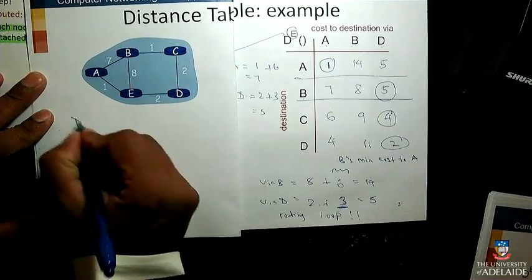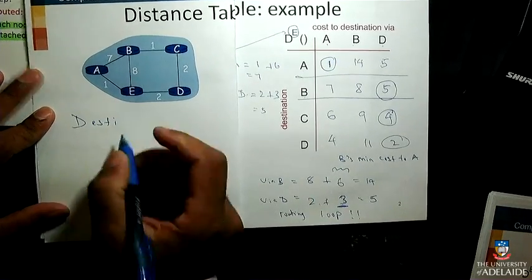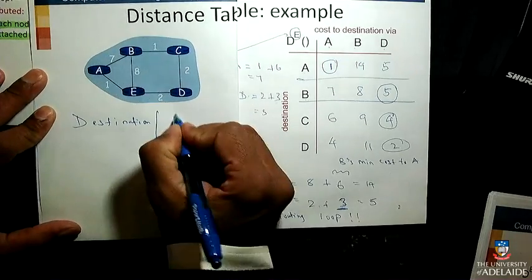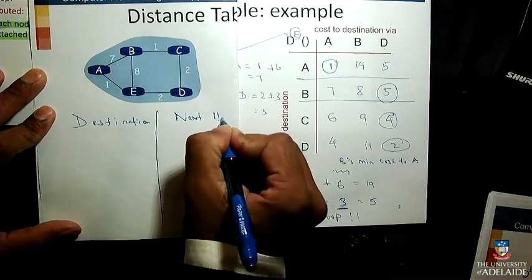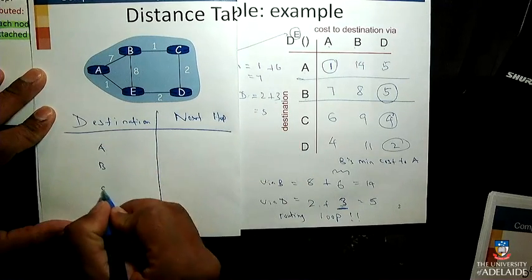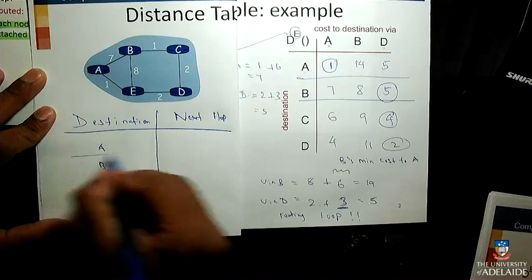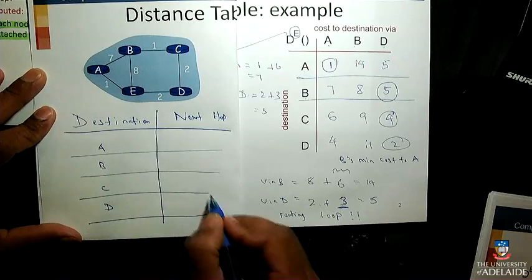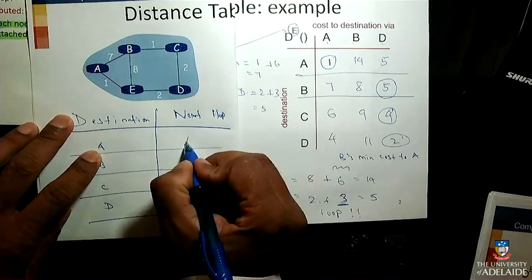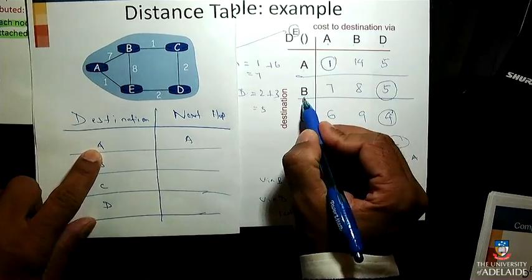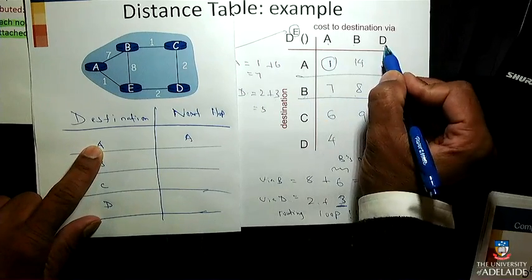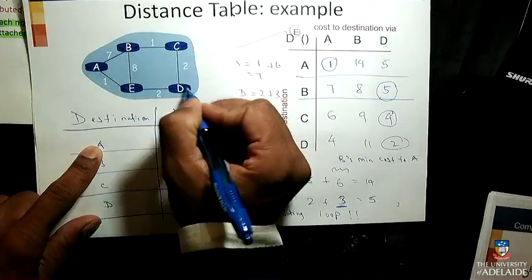So I have destination, next stop, A, B, C, D. This one's very straightforward. So if I want to get to A, my next stop is just A. It's a direct link. If I want to get to B, the lowest cost path I have is via D, right? D is my neighbor, okay?